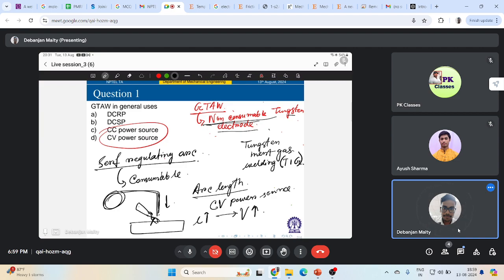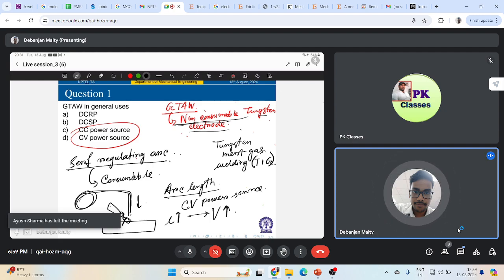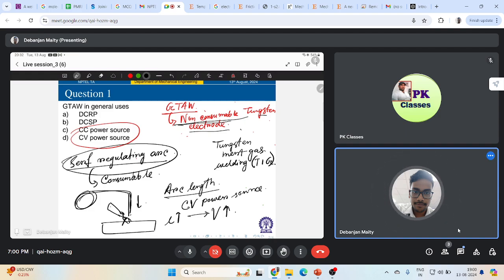Got it? So if the reduction in the current due to an increase in the arc length is significant, the melting rate decreases, right? So arc length will return to its original value. That's what we call self-regulating.